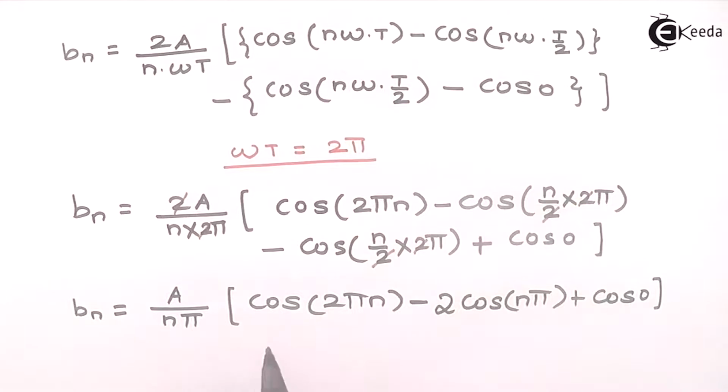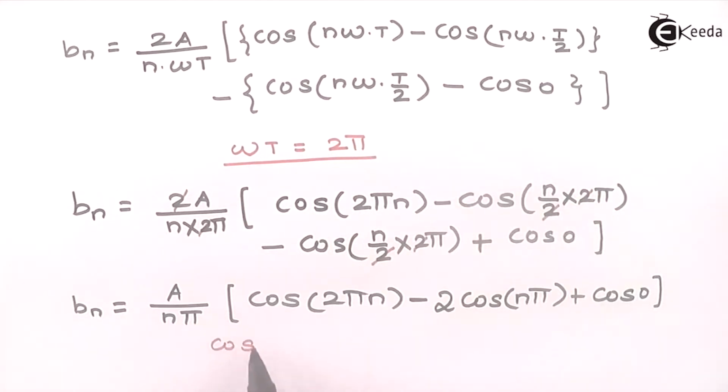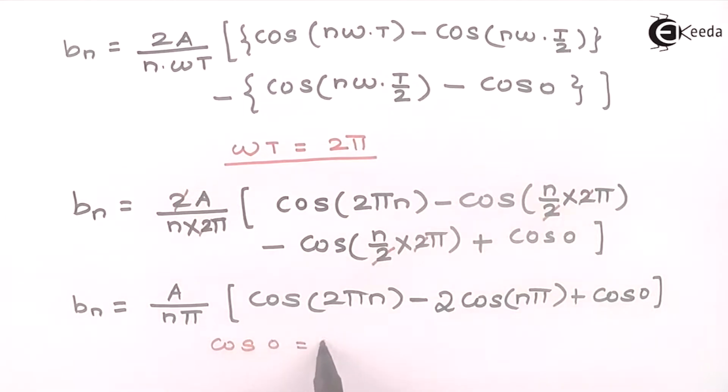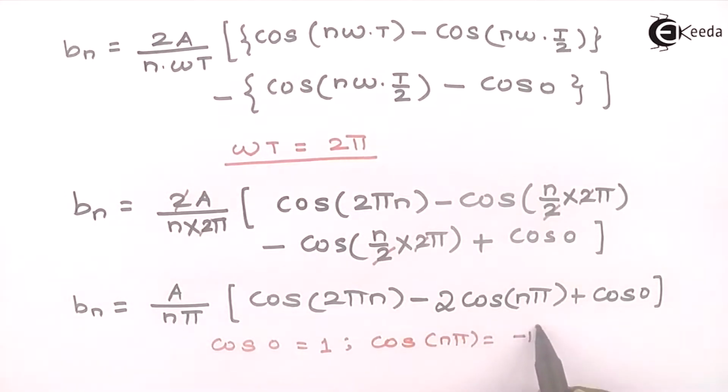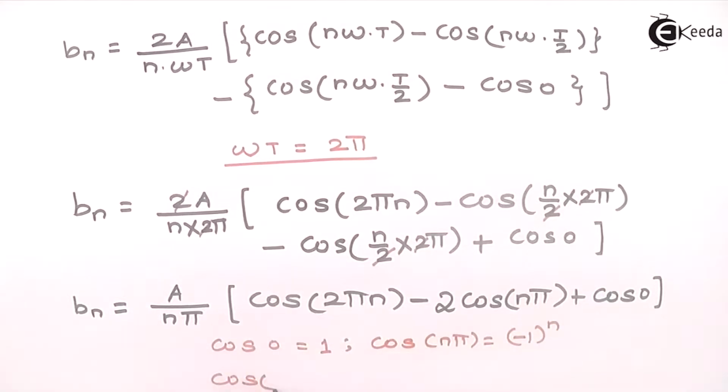So from the trigonometry we know cos 0 is 1, cos n pi is minus 1 raised to n, and cos 2 pi n is 1. So let's substitute this.